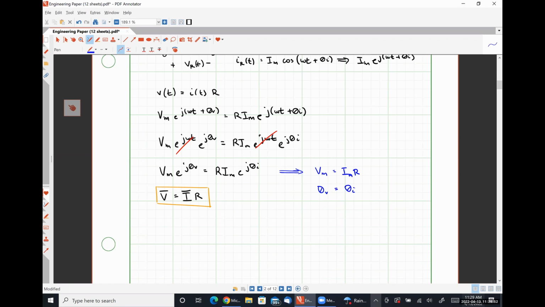So there is no associated phase shift between voltage and current across a resistor. We'll talk about why that is when we get to impedance later on today. All right. So any questions about our phasor relationships for a resistor?